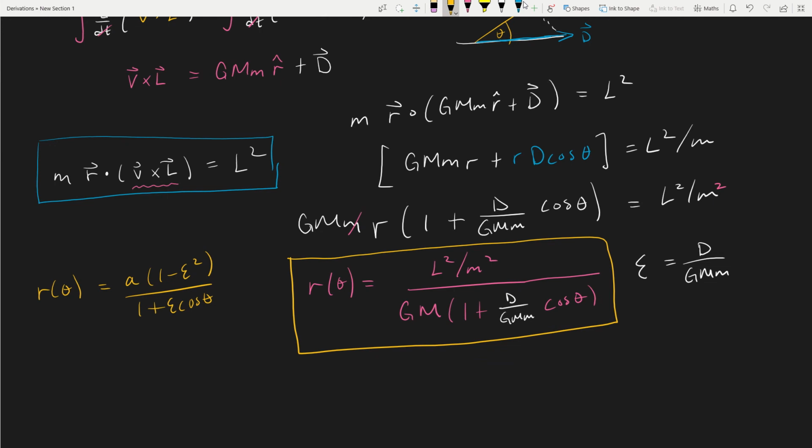We can see that we have this form. This GM on the bottom here you can bring up top. It's just a constant, and we have this exact form when we allow epsilon to equal d over GM little m. So I'm putting my pen down now and sitting back and looking at this.